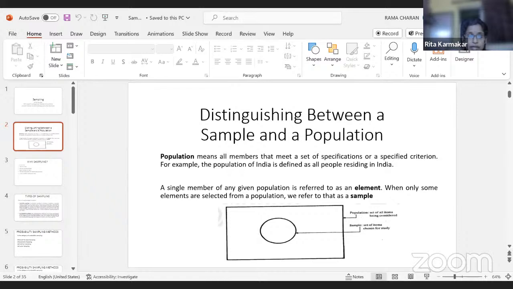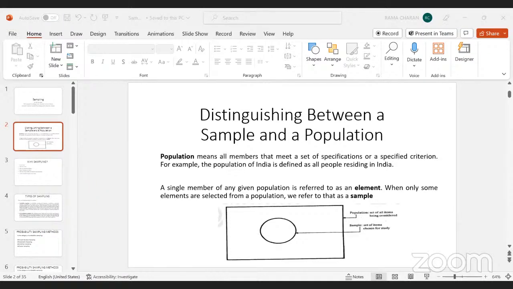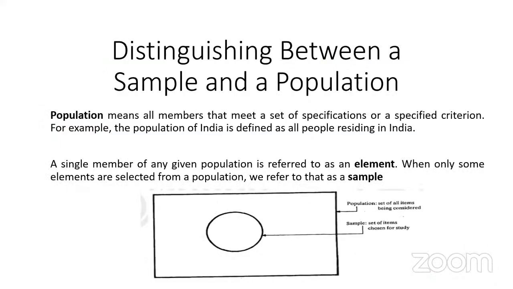Anyone would like to? Hello? Am I audible? Yes, you are audible. Okay. So, ma'am, basically, population could be anyone who could be taken for the research study, like anyone from the whole world or universe, which will be suitable for our research.